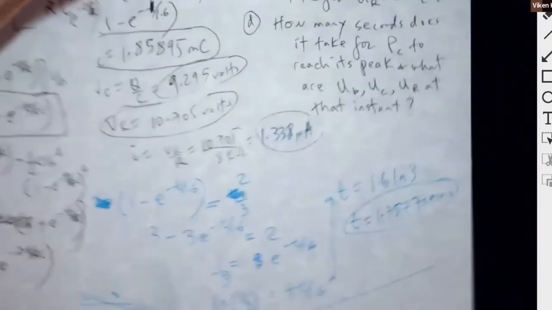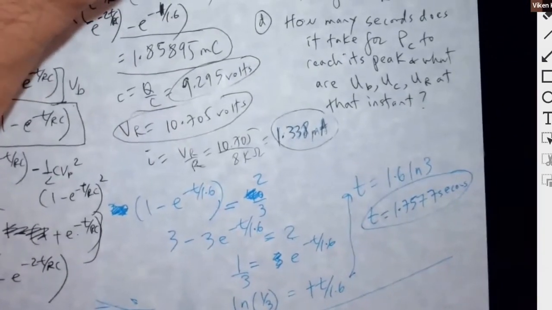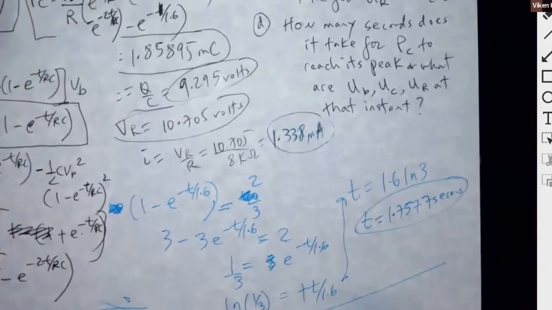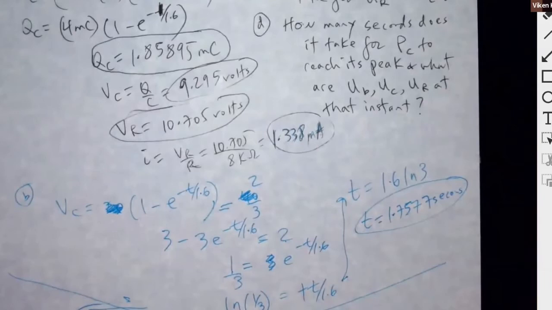How many seconds does it take for the PC to reach its peak? So PC doesn't stand for politically correct. It stands for the power produced in the capacitor, right? The rate at which you're storing energy in the capacitor.